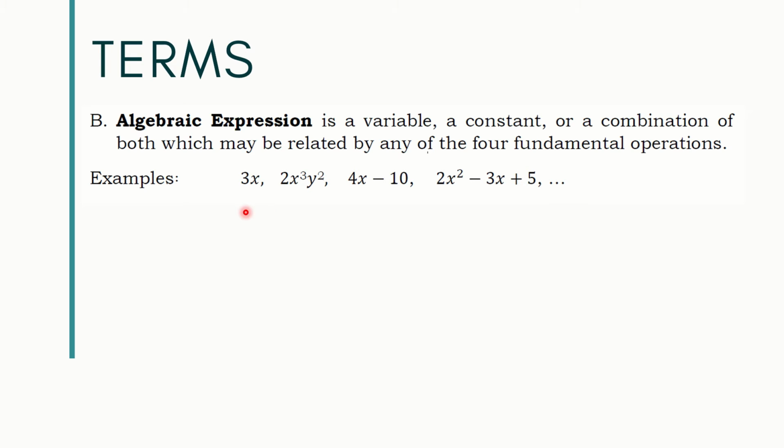So these are all examples of algebraic expressions. We have 3x, which is a monomial. 2x cubed y squared is also a monomial. 4x minus 10 is an example of a binomial. And 2x squared minus 3x plus 5 is an example of a trinomial.